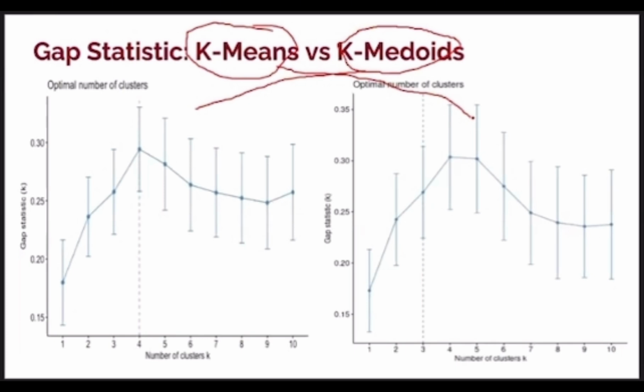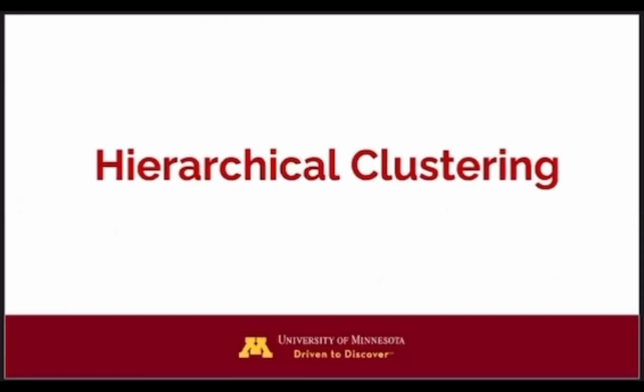For the K-Medoid, you can see 4 clearly. For the K-means, it's still 4 if you look at this point, because along this point it's decreasing. They agree. The gap statistics for K-means and K-Medoid agree on the optimal number of clusters. Does that make sense? Is there any question before I go into hierarchical clustering? Is there any question on K-means, K-Medoid?